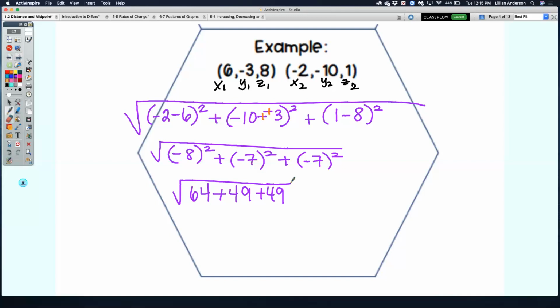So this becomes the square root of 162. Now, of course, we can type that into our calculator and get the three significant figure approximation. Can someone do that and tell me what it is for 3 significant figures?